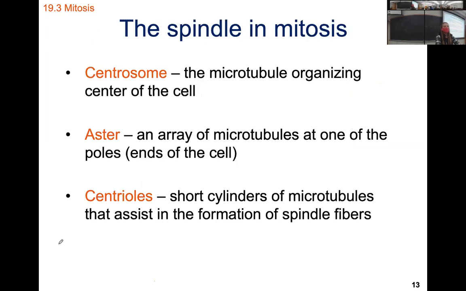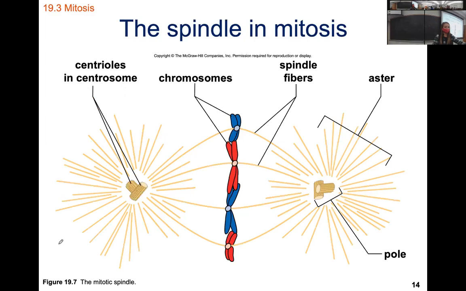The spindle in mitosis: so the centrosome, the microtubule organizing center of the cell, that's that little dot, that's the push pin. Then you have the aster, which is an array of microtubules at one of the poles. So essentially there are some strings coming off either side of the cell, and I'll show you in that next slide. Those are those strings.